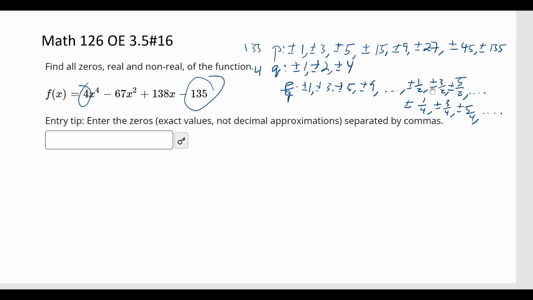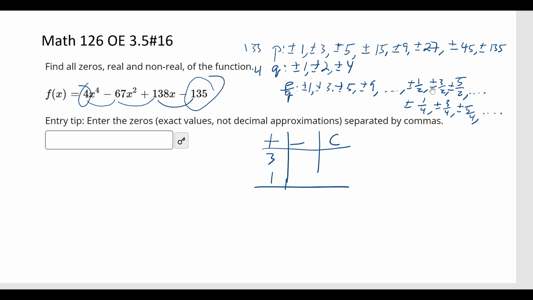And also, if we look at sign changes, it's 1 sign change, 2 sign changes, 3 sign changes. So we look at our complex, excuse me. Looks like we'll probably have 3 or 1 positives.